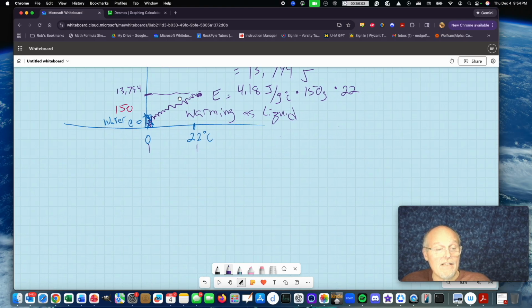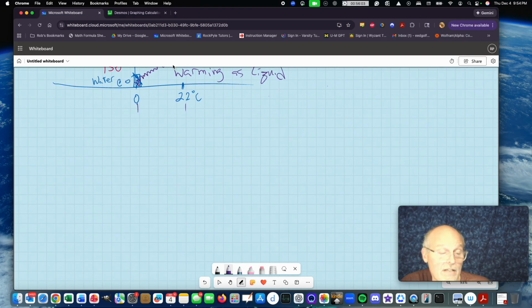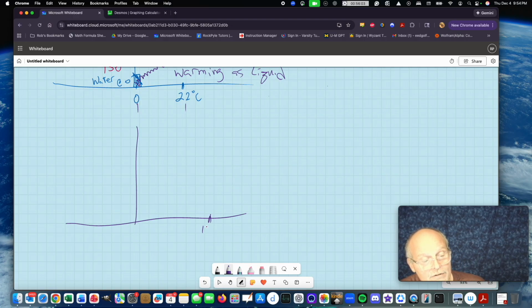And then the next one will be at 100 degrees, where again I'm making a phase change from liquid to gas. And this, once again, will not change the temperature.